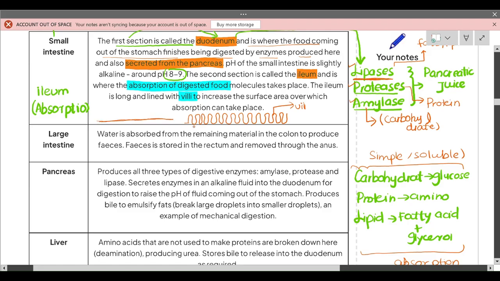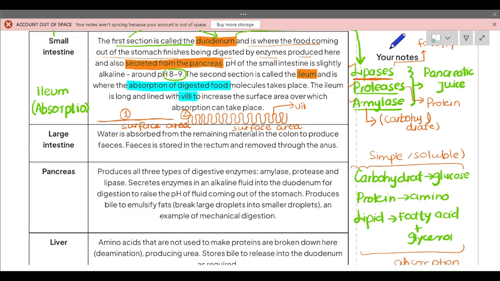Which one has the more surface area? Which lining has increased surface area? Can you please answer this?